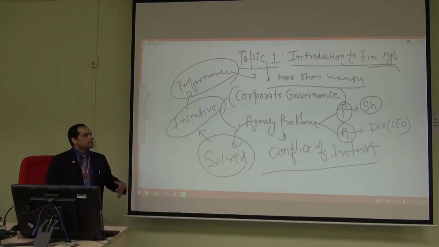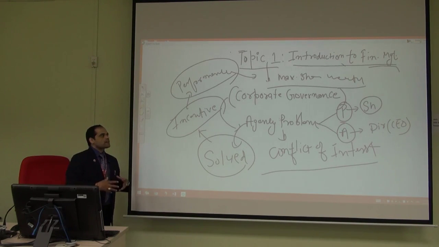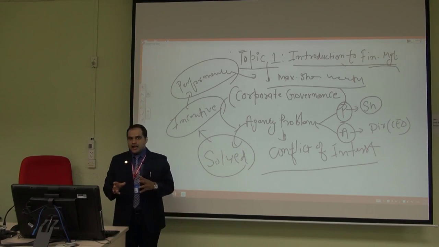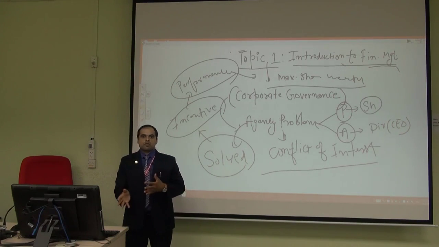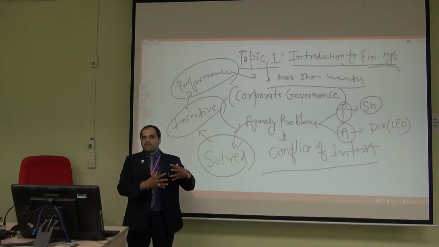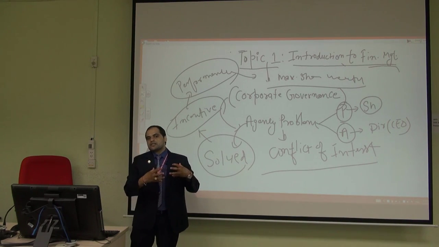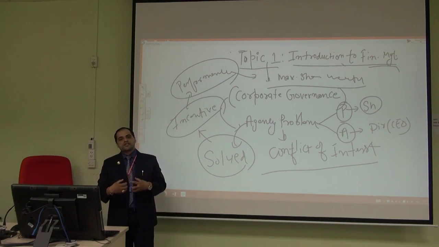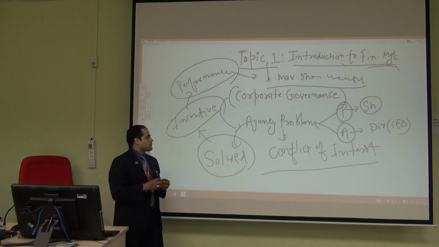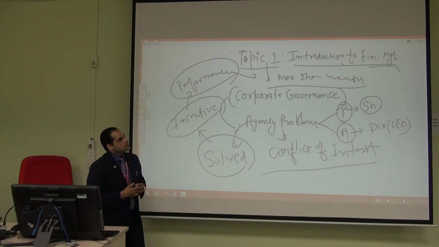So it means the director is working in the best interest of shareholders, because at the same time the director is working hard for the company to maximize shareholders' wealth, and that hard work is also providing some personal benefits to the directors. That's why the director will perform in the best interest of the shareholders.